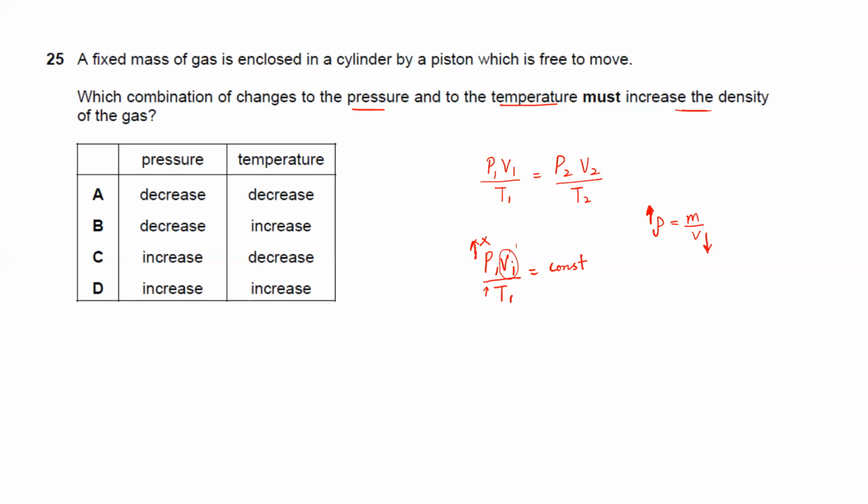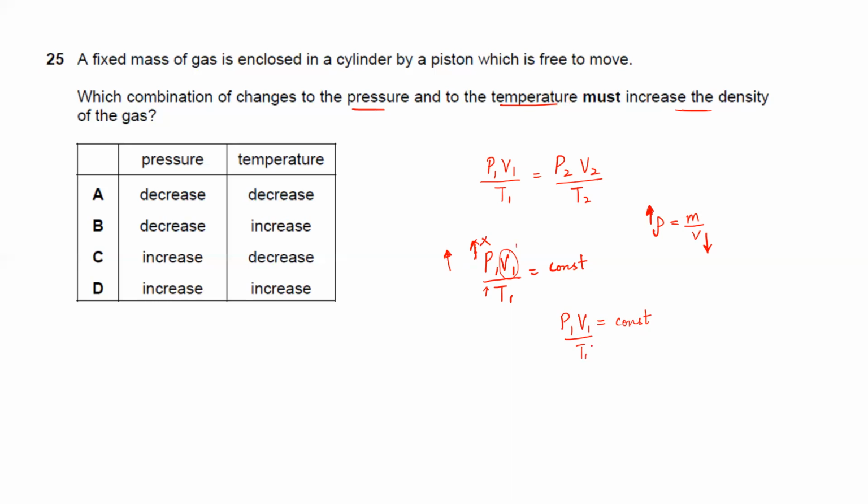So first of all, in order to decrease the volume, we have to increase the pressure. So P1 V1 over T1 equals constant.